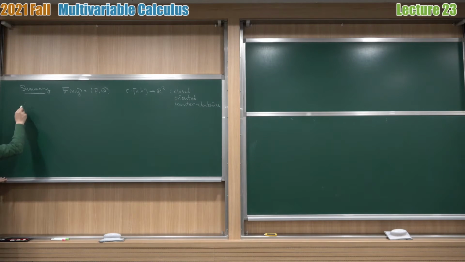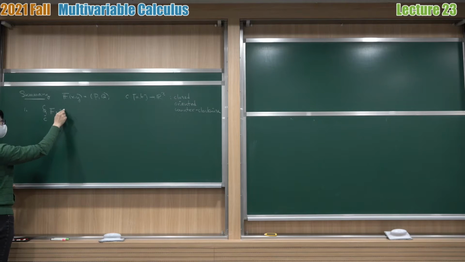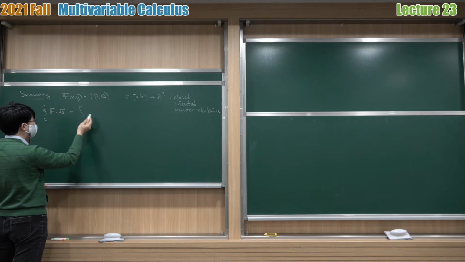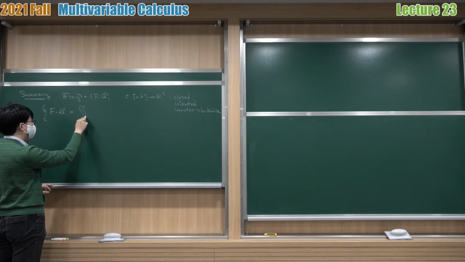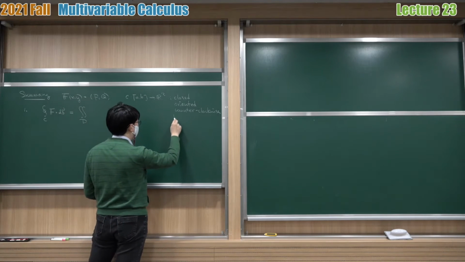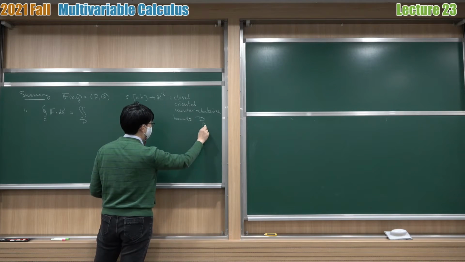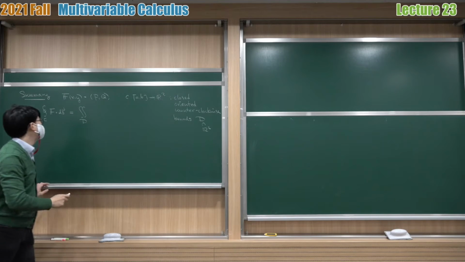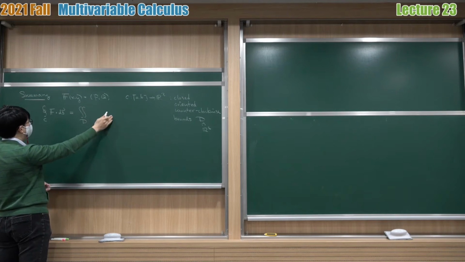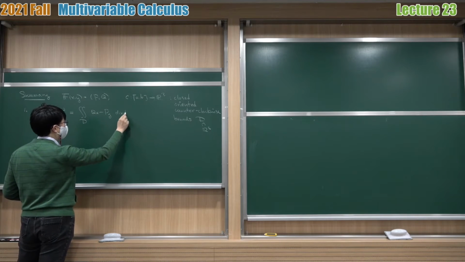Then, first of all, we can say that the line integral over the closed curve of this vector field is given by the double integral on the domain D, and also I should say that C bounds the domain D, which is in two-dimensional space, of the rotation of F, which is Qx minus Py, dx dy.